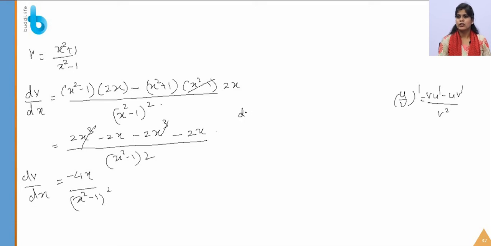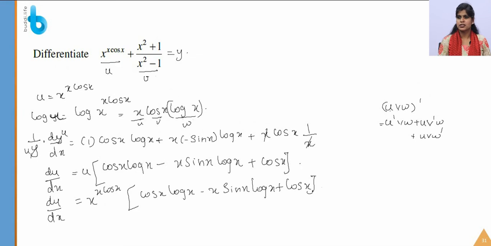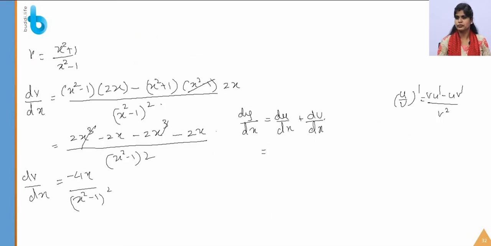Therefore dy by dx is your du by dx plus dv by dx. Okay, du by dx is this term, you should substitute. And dv by dx is this term.